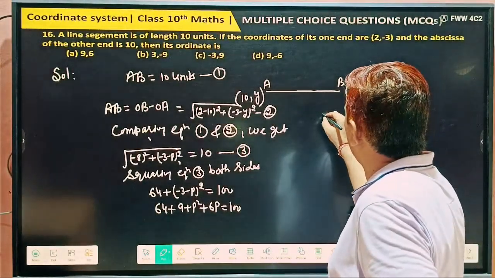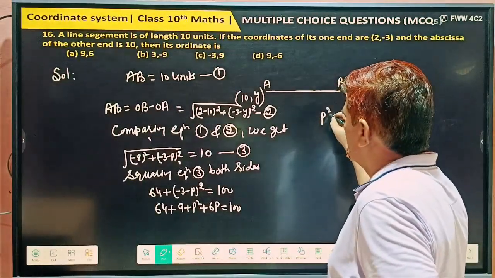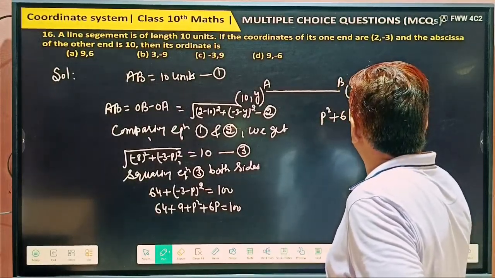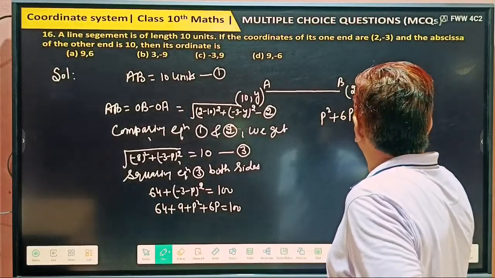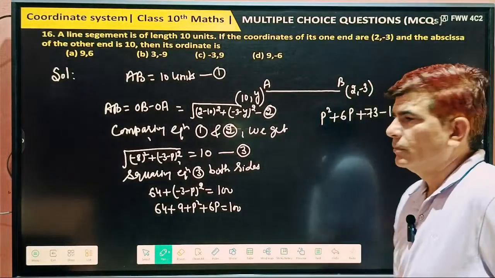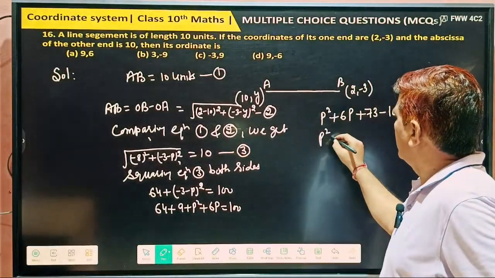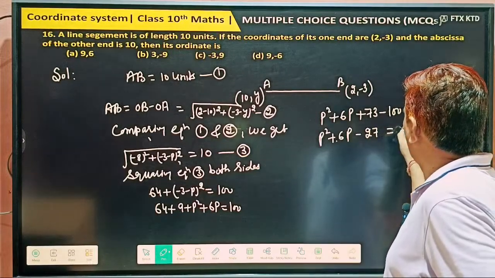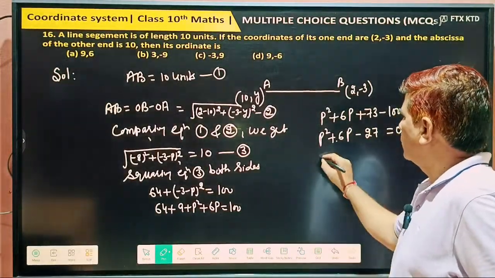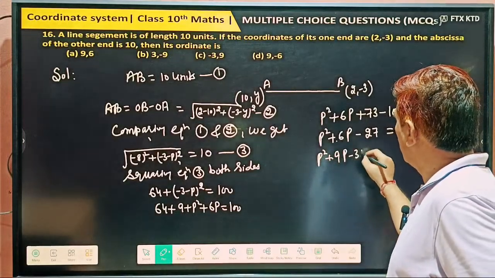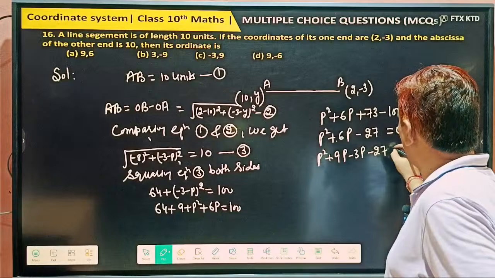So it becomes p square plus 6p plus 73 minus 100 equal to 0. So p square plus 6p minus 27 equal to 0. So make its factors: plus 9p minus 3p minus 27 equal to 0.